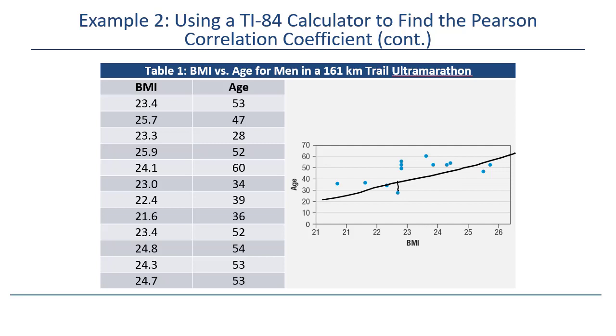That means if we use the line to predict, we come down here and put in an x value of 22.7, let's say. We put 22.7 into the regression line. It's going to come out and give us an answer of like an age of 39. But according to our data set, we had somebody with a BMI of 22.8 and their age was actually 29. So that's an error of 10 years.